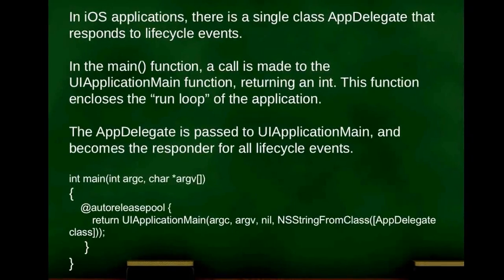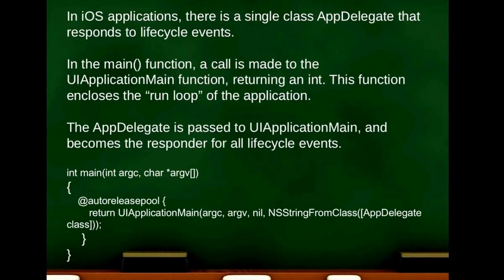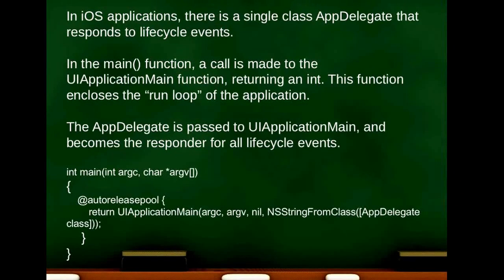So in iOS applications, there is a single class called AppDelegate that responds to lifecycle events. Things like the application is becoming active, is being displayed, is going away, is being hidden, or the application came up for the first time.